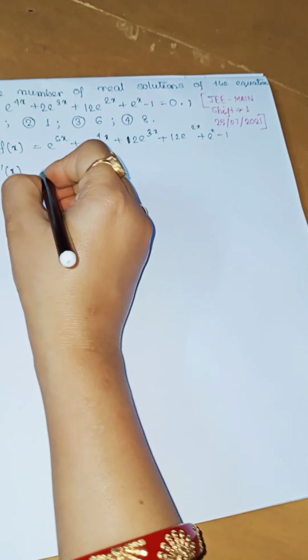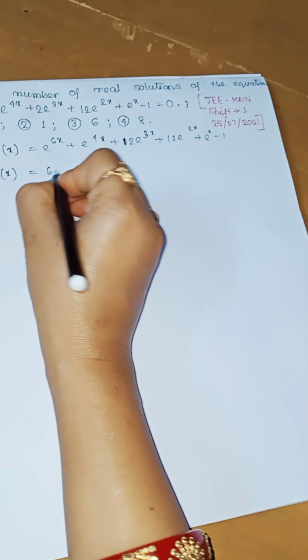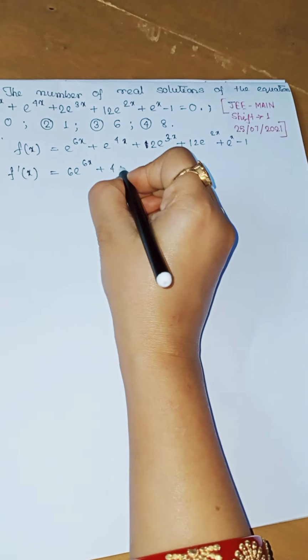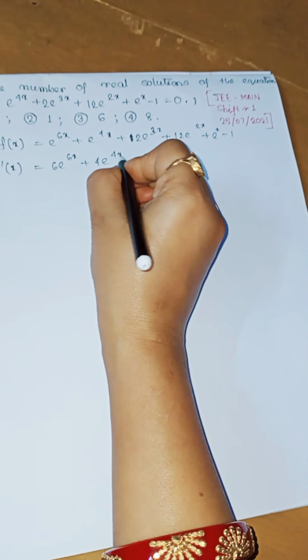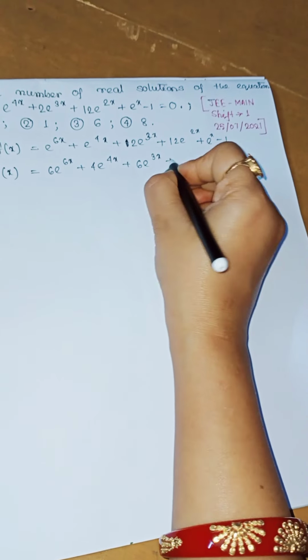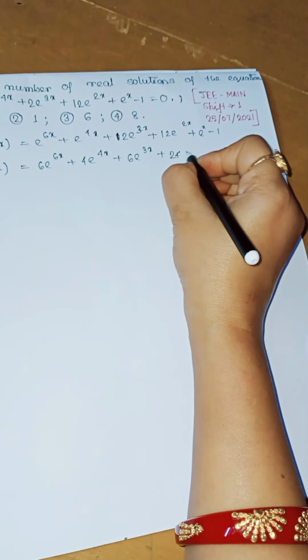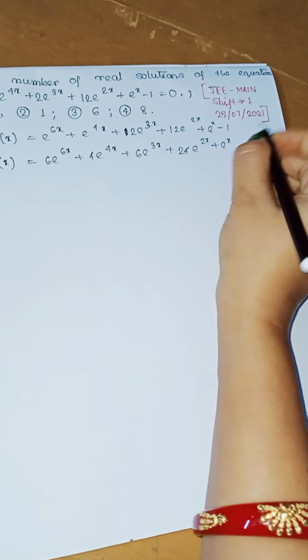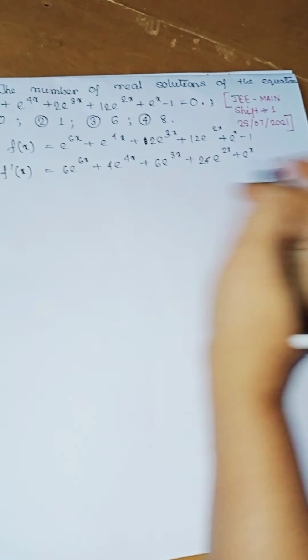So f'(x) is equal to 6e^(6x) + 4e^(4x) + 6e^(3x) + 24e^(2x) + e^x.